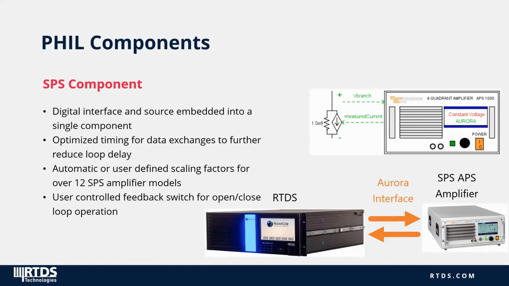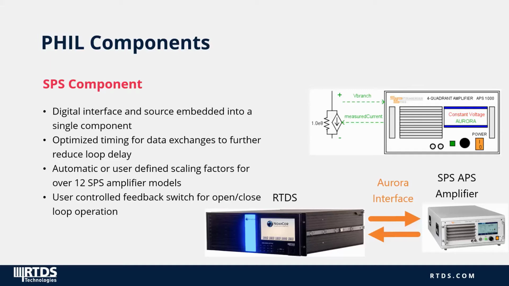Next, I'd like to talk about the SPS component. This is a component that embeds the digital interface and interfacing source into a single component for use with the SPS APS amplifiers. Again, we've optimized the timing of the data exchange to try and further reduce the loop delay.